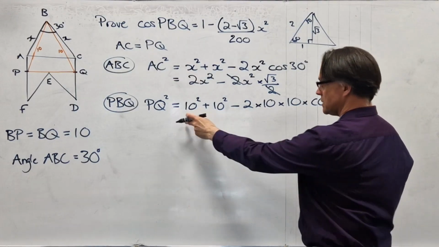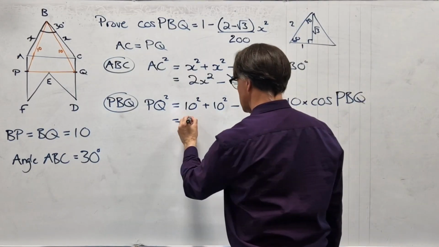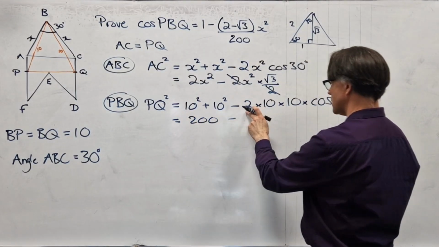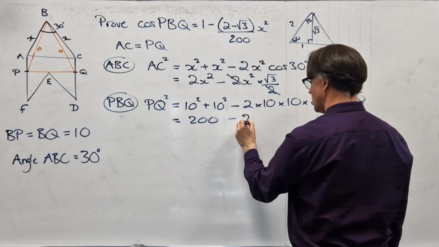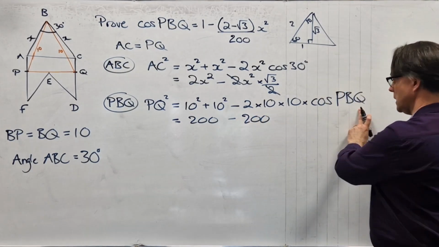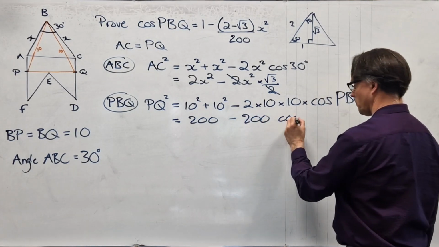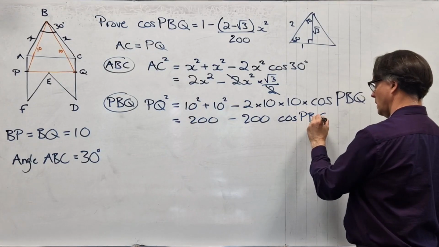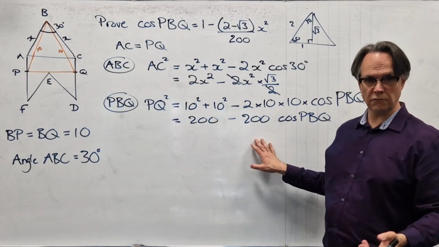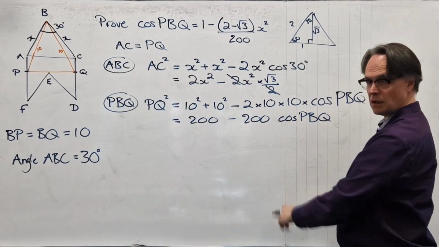Let's tidy this up. 10 squared is 100, so this is 200 minus 200 cos PBQ. Can't combine this 200 with this 200 because this is attached to cos PBQ.